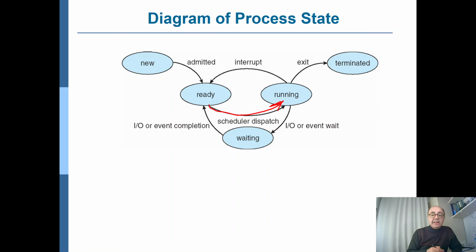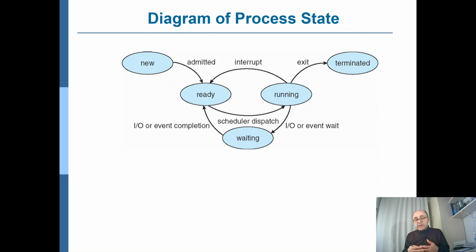And while in the running state, if the process completes its allocated time slot, especially when we're talking about interactive systems like your Linux, Windows, Mac OS systems, you will get the CPU for a limited time because we need interaction.